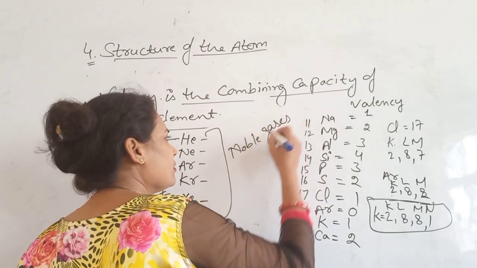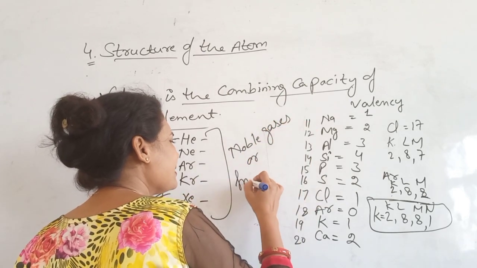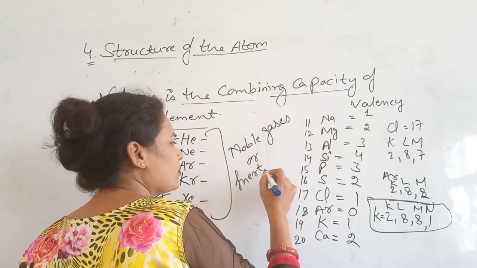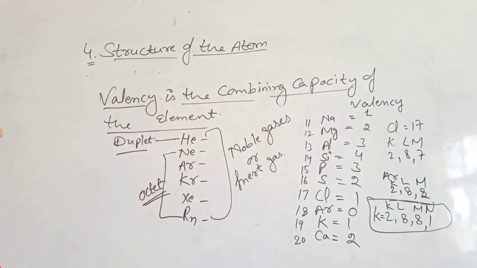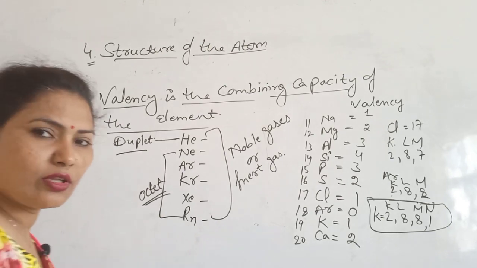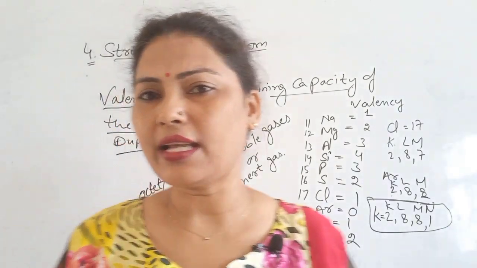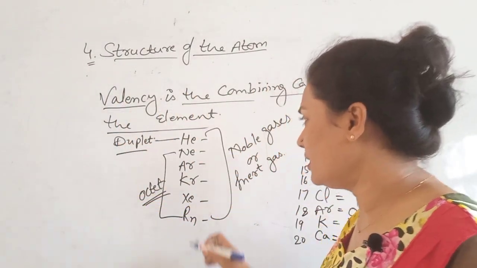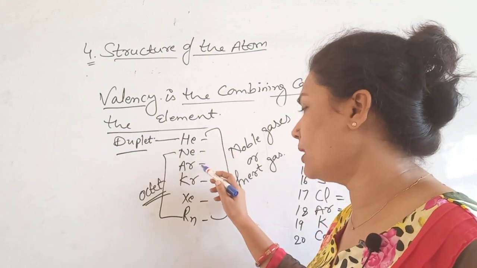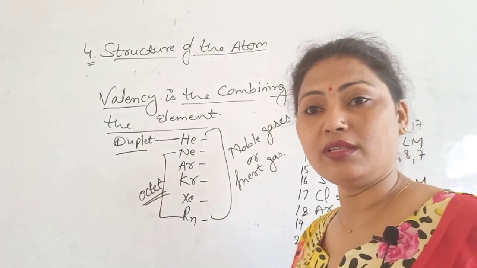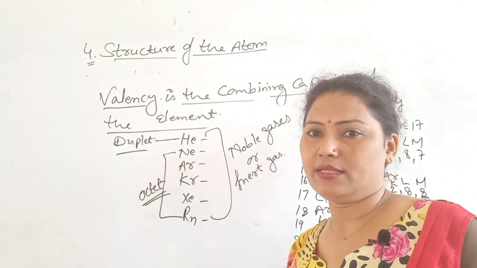And these are all known as noble gases or inert gases. These are the inert gases that have 0 valency. Helium, neon, argon, krypton, xenon, radon have 0 valency.